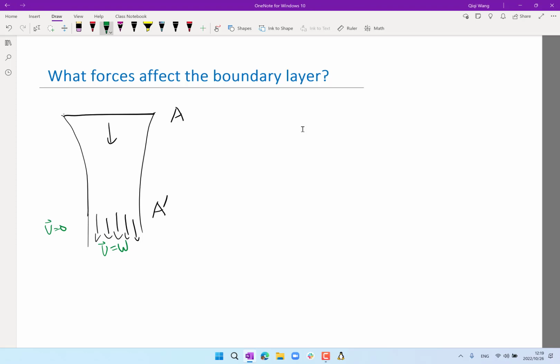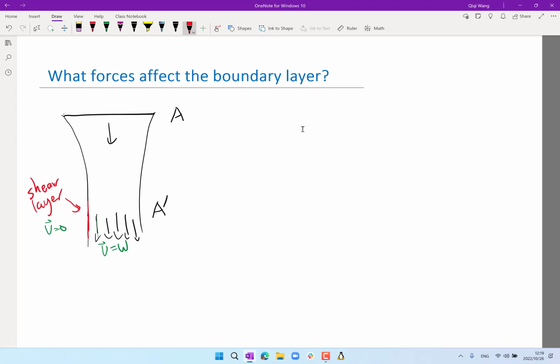So this boundary between a flow with a velocity of W and outside it has velocity of 0, it is called a shear layer. It's called a shear layer because the velocity shears over here, right? I mean, there is a significant velocity gradient over here.